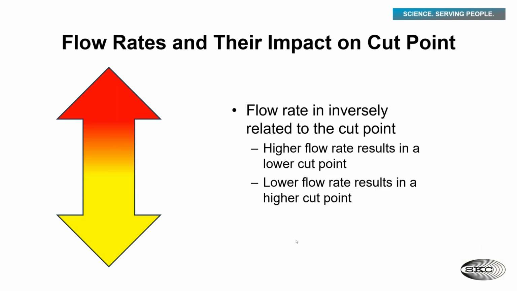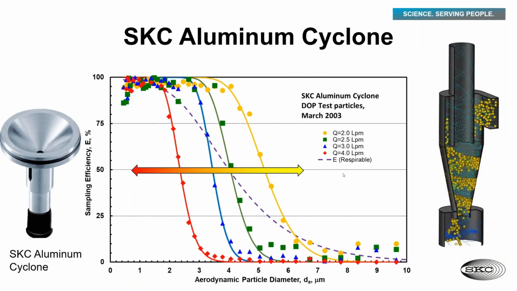Briefly, we're going to talk about flow rates and how they impact the cut point. They are inversely related. The higher the flow rate, the lower the cut point. The lower the flow rate, the higher the cut point. As you chew on this, let's look at this particular example to give you an idea of what I'm talking about. We're looking specifically at the aluminum SKC cyclone that has a flow rate of 2.5 liters a minute.